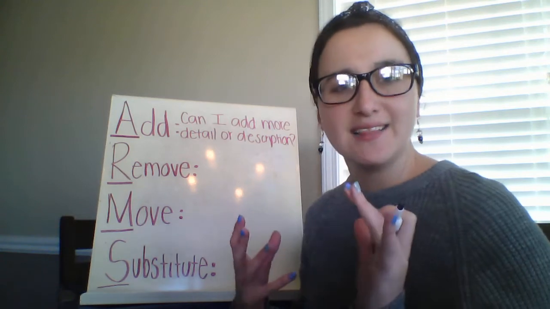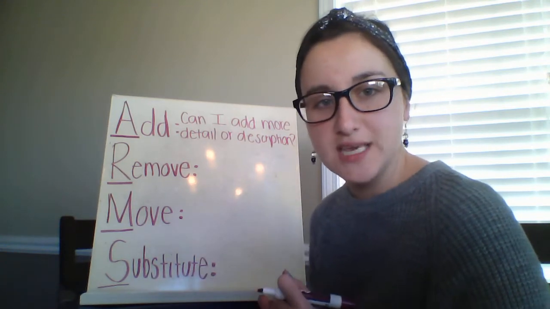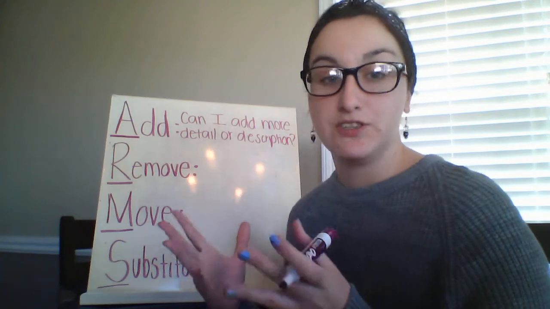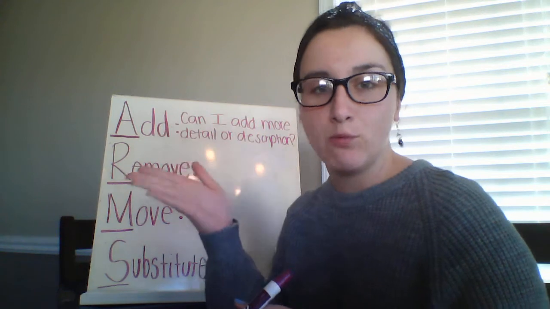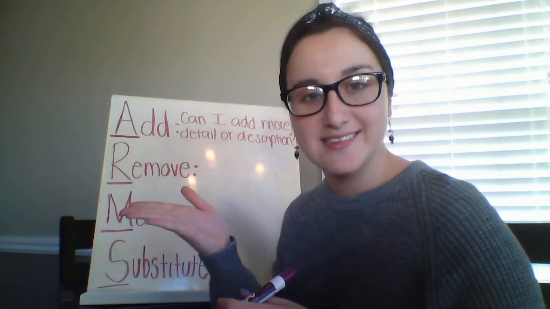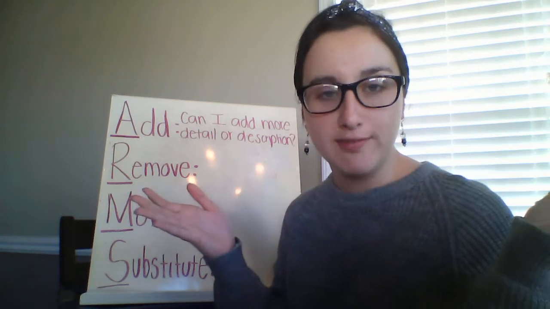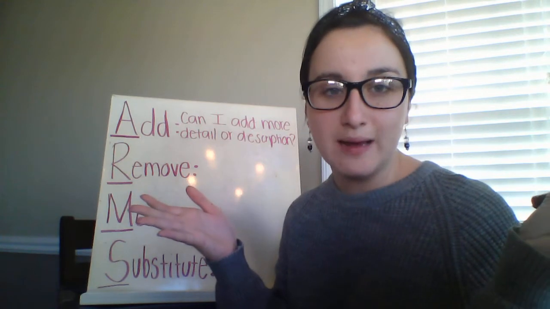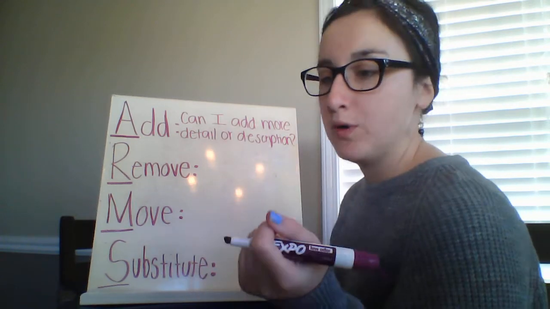Is there anything that may not make sense to the reader? Can I take that out? Is there too much information or information that doesn't make sense? If I'm writing about snakes, yet I have information about ponies, I might want to remove that in order to make it more clear to the reader what my writing is about. Remove.